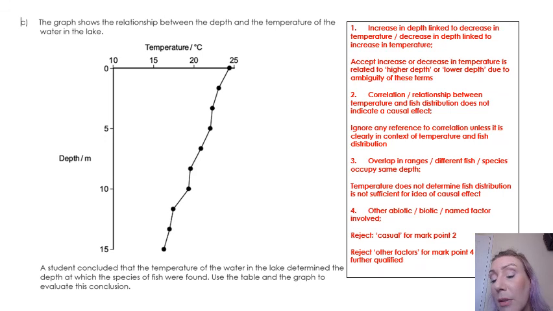It might be where the food source is found, which is why they occupy those different depths. Can you see if you'd have used the structure that we advise you to use for evaluation questions, you would have worked your way through picking up those mark points. Okay, update your answer and pause here if you haven't done it already. We're going to move on now.